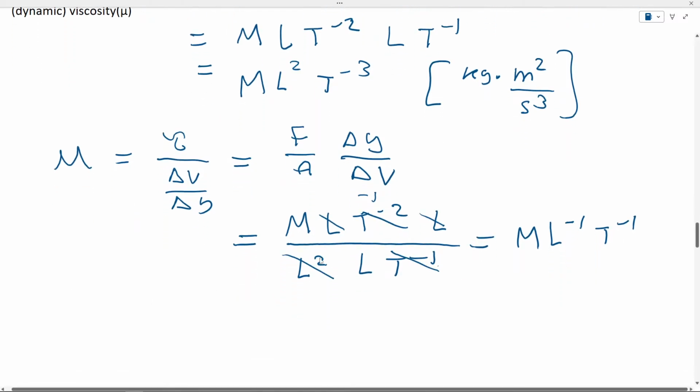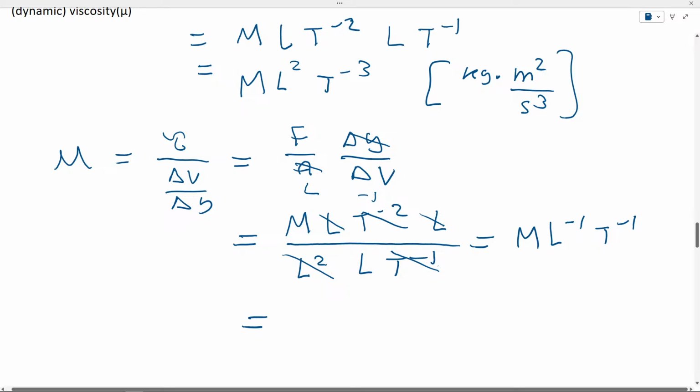Dynamic viscosity is usually given like you see here: this is force over, if this goes with this, that will give you a length.